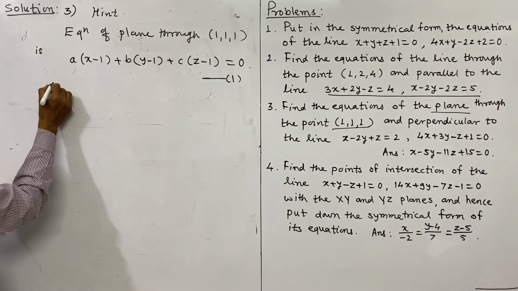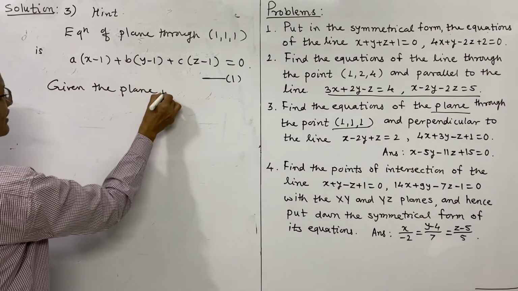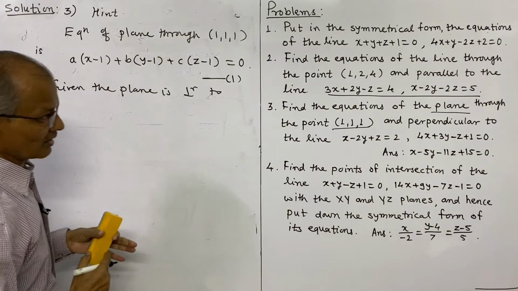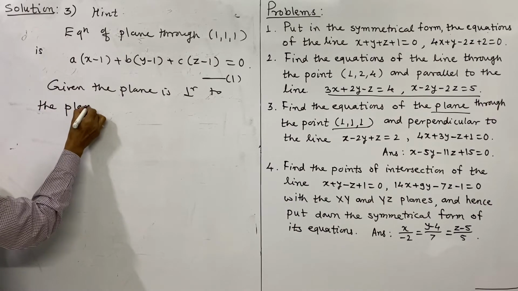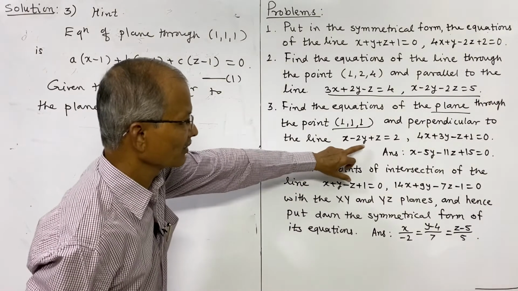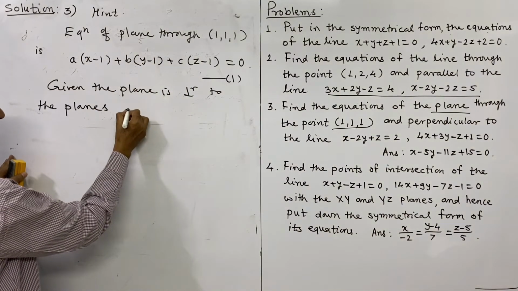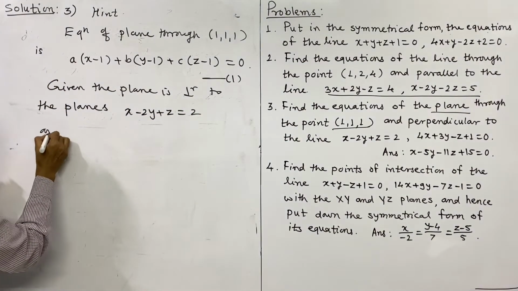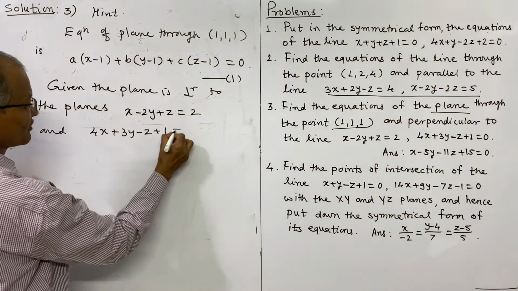So further, given the plane is perpendicular to the line, which means it is perpendicular to both the planes represented in the equation of the line. Perpendicular to the planes, say x minus 2y plus z is equal to 2, and the second is 4x plus 3y minus z plus 1 is equal to 0.